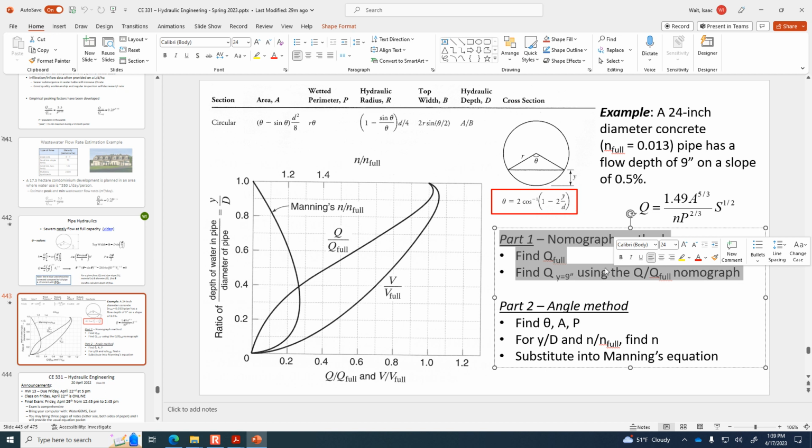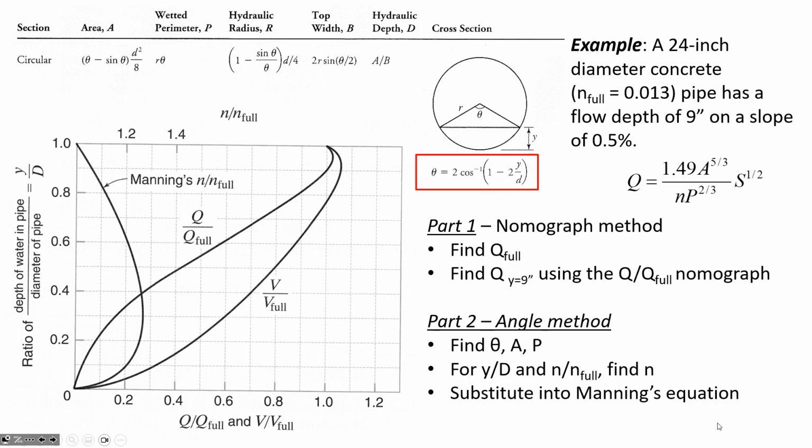Okay, so for the angle method, I am going to pause and allow you to try and calculate theta. So if it's 9 inches out of 24, so y is 9, d is 24, then what is the angle in radians? If your calculator's not in radians mode, you'll need to put it into radians mode.